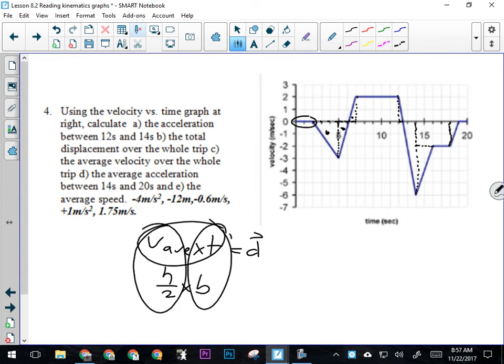Okay, so for this first graph, then that's going to be 1.5 times 3. Okay, and 1.5 times 3 should be 4.5. Yeah? Someone might want to double check my math. Okay, so during that triangle, it travels 4.5 meters.